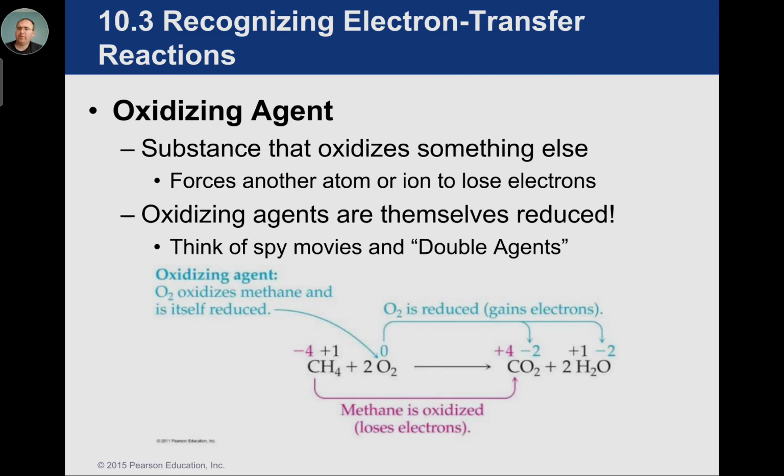One of the confusing parts about this chapter is these definitions. So oxidizing agent is the exact same thing as somebody being reduced. So the easiest way to think about it is, in order to oxidize something else, I have to be reduced. So a fun way to memorize this idea is that they are opposites.